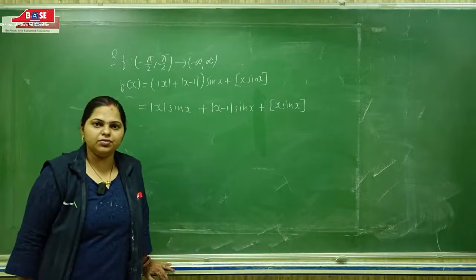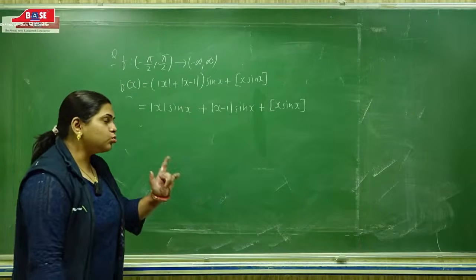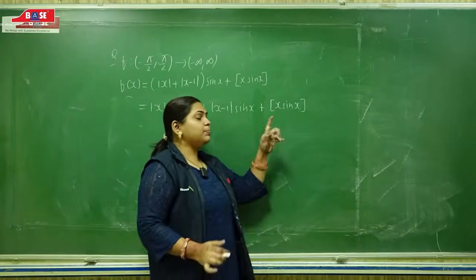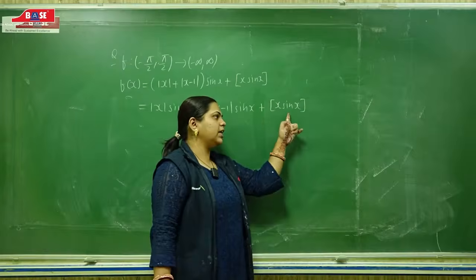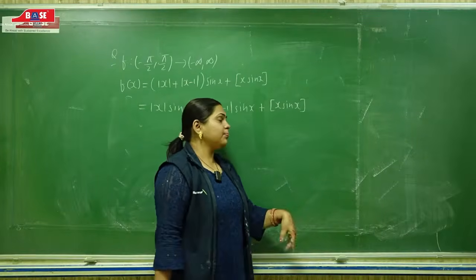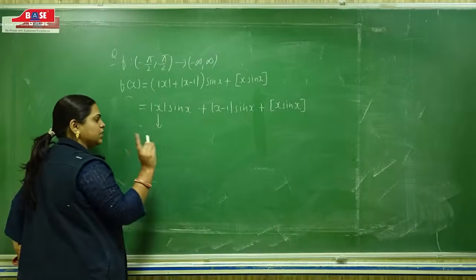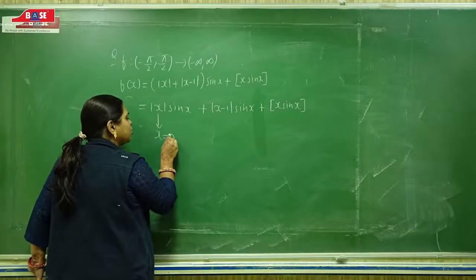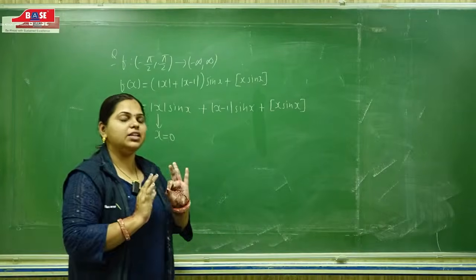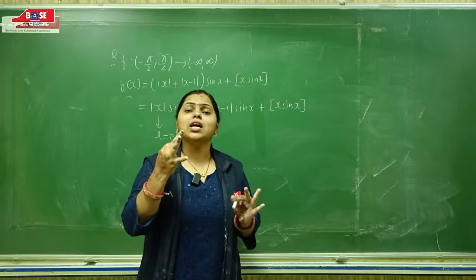Please listen very carefully. This part we got non-differentiable at gamma and minus gamma. Now we have to see this part. Please observe that x equal to 0 is the point of non-differentiability. But you have done one theorem.